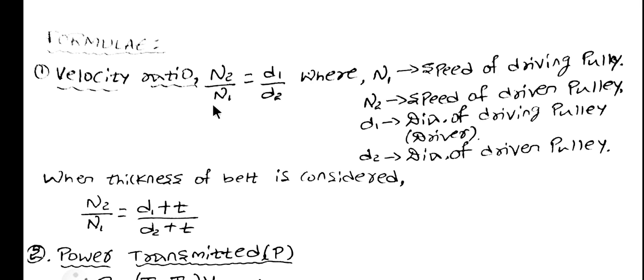If the thickness of the belt is not considered, you can use this formula. When you consider the thickness of the belt, you need to add the thickness to the diameter: it is d1 plus t divided by d2 plus t.